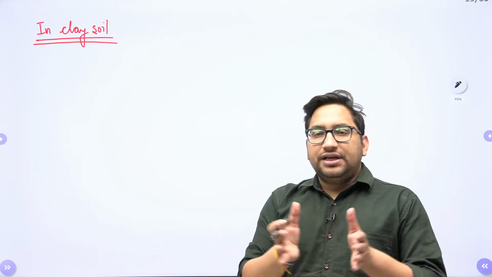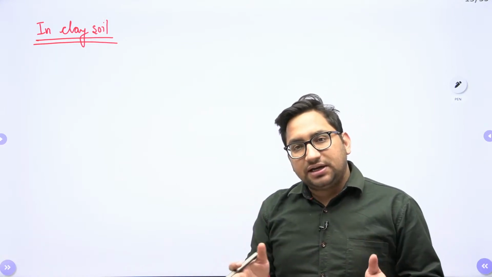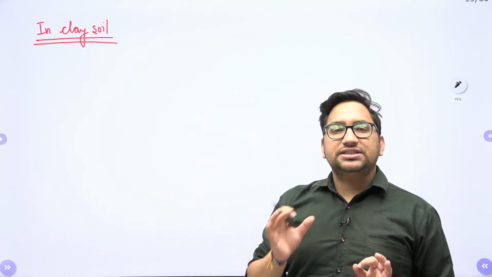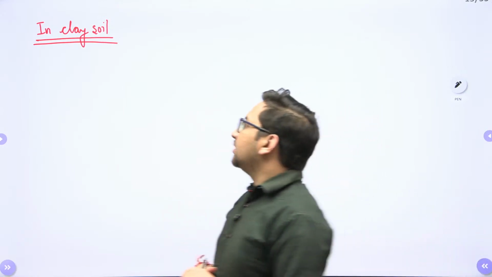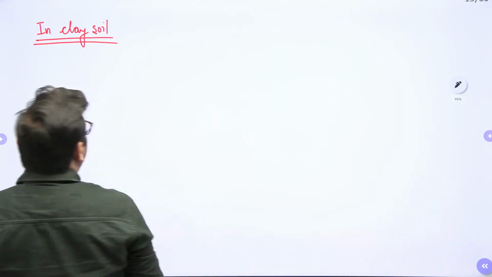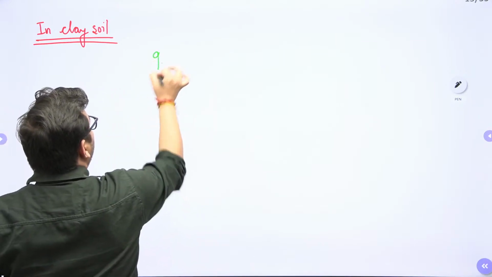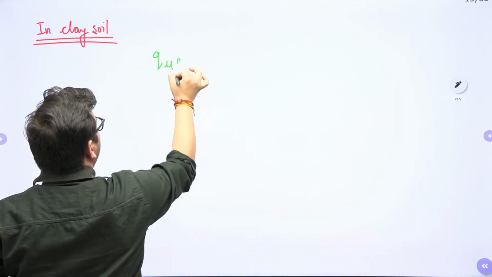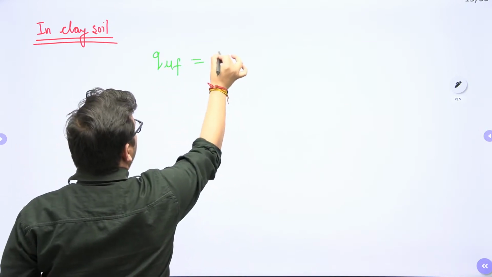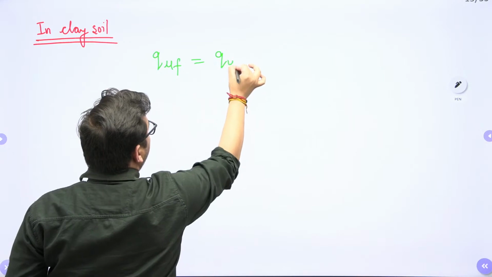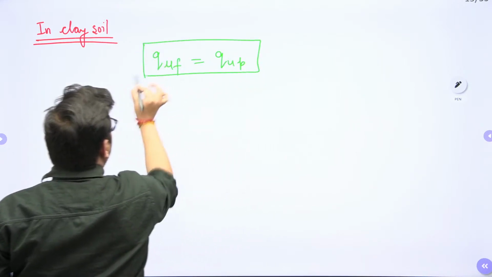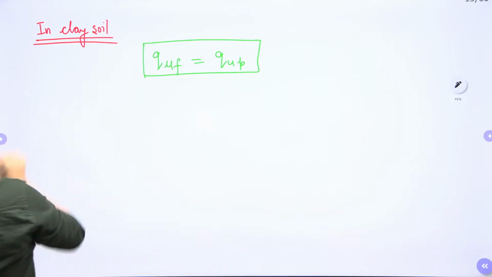So whatever is the bearing capacity for a small plate, the same will be the bearing capacity for the total foundation. It means it is independent of the size, right? So in case of clay soil, the ultimate bearing capacity of the foundation will be the same as the ultimate bearing capacity of the plate. Clear? This is case number 1.